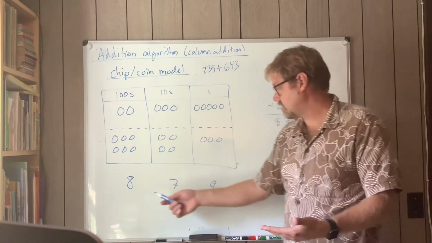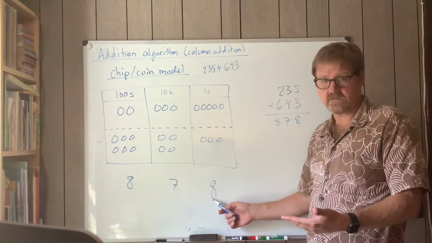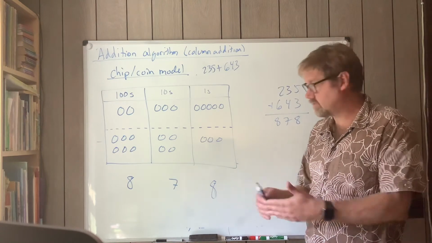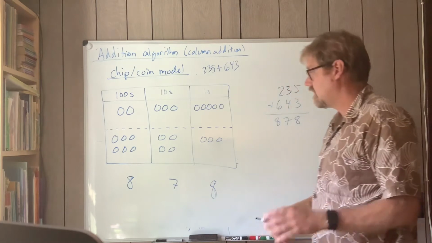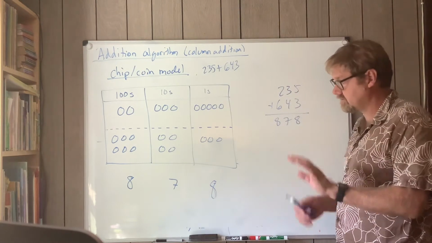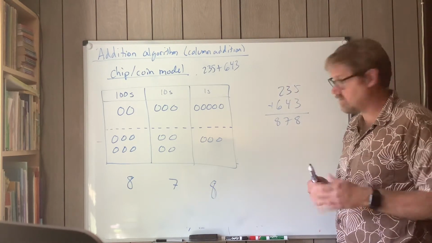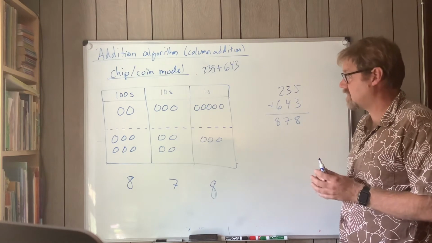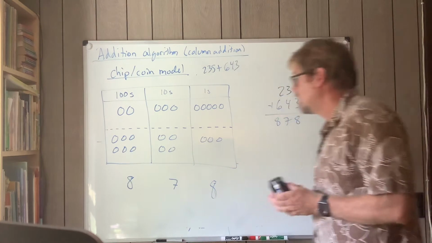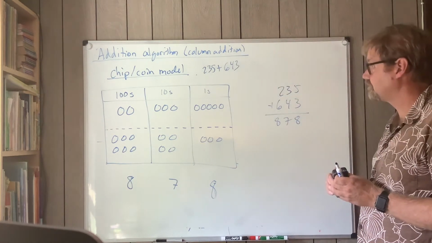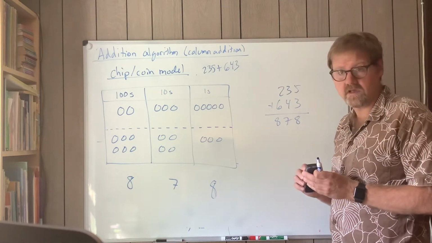Well, I have $8, 7 dimes, and 8 pennies. So I don't need to write them again because they're all there already. Some places will do that. If you look at some of these models, either online or in other books, this is my preferred way of doing this. So that's pretty straightforward.